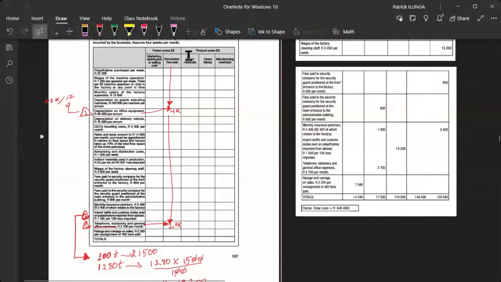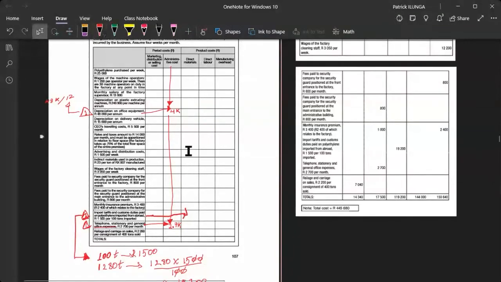This is something I wanted to do in class with you. All right. So this cost is actually associated with your direct material, because you need to pay an import to get this direct material. So this import tariff and customs is part of your direct material.